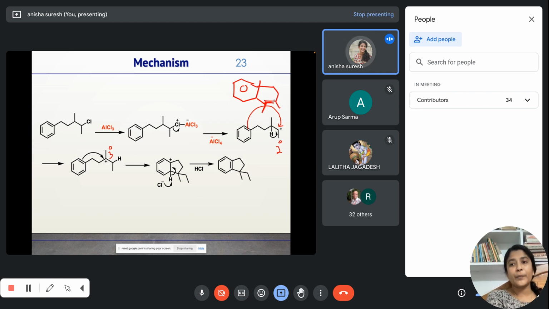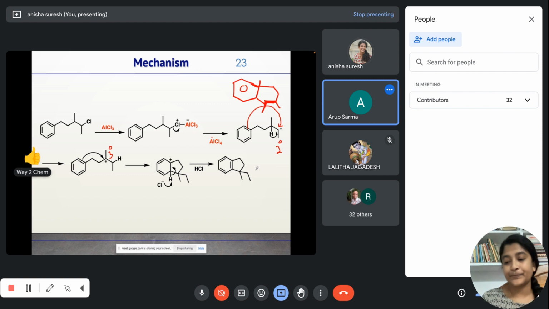It will be also forming, but here the secondary carbocation is less stable. So it will generate the tertiary carbocation as formation of the tertiary carbocation is feasible in this structure. So the major product will be option C. Is it clear? Yes, ma'am, it is clear. Okay.